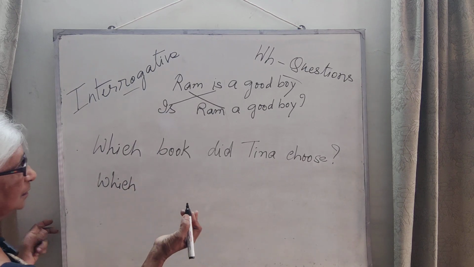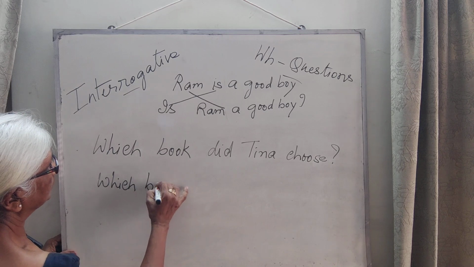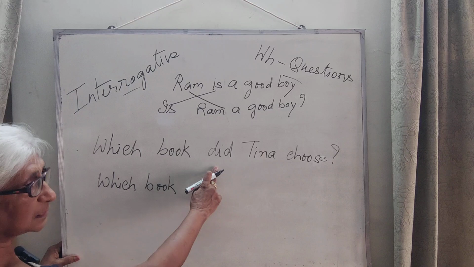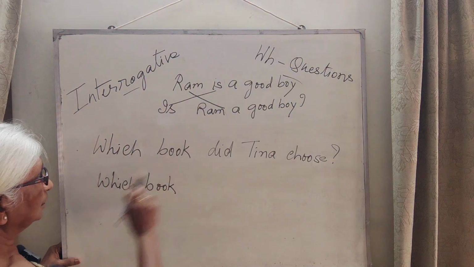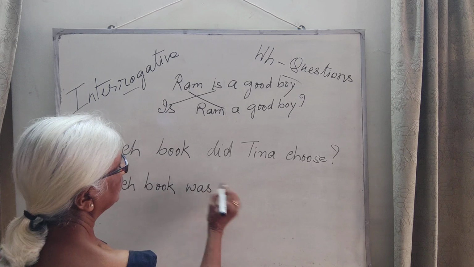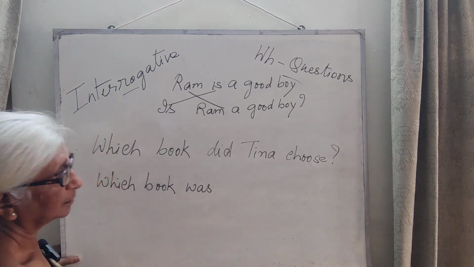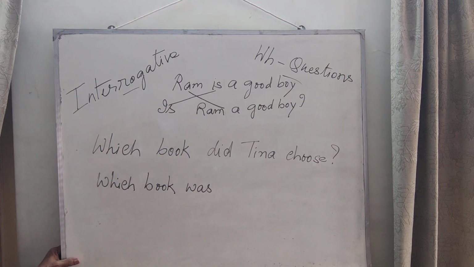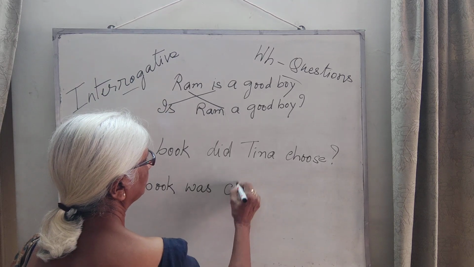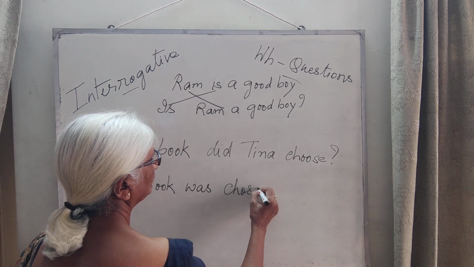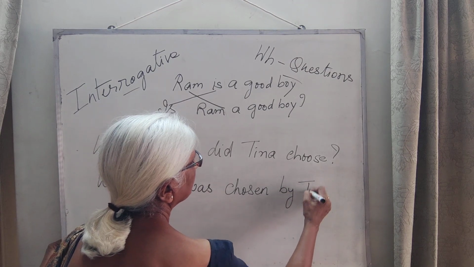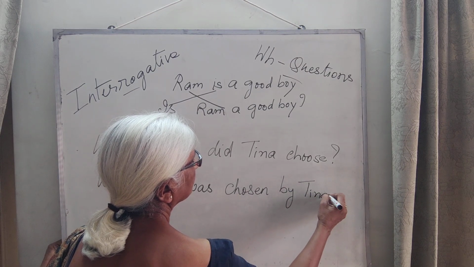Which টা which book, did আছে তার মানে past tense আছে, right? Which book was chosen, বলো past participle কি? Which book was chosen by Tina.